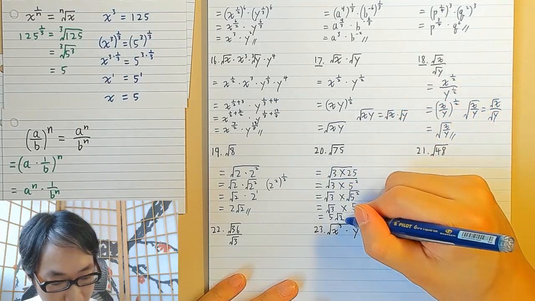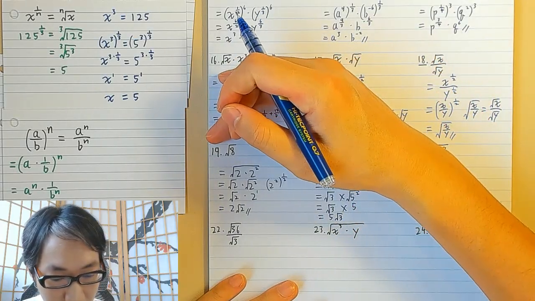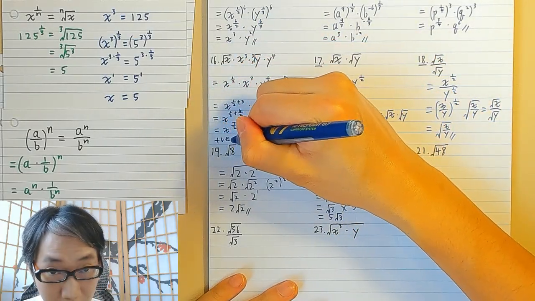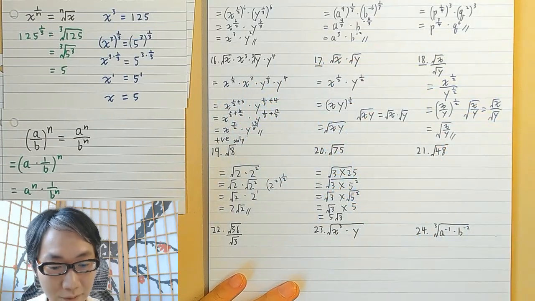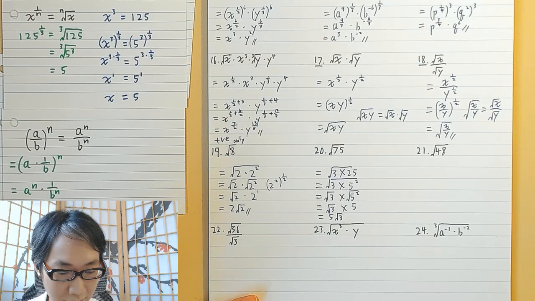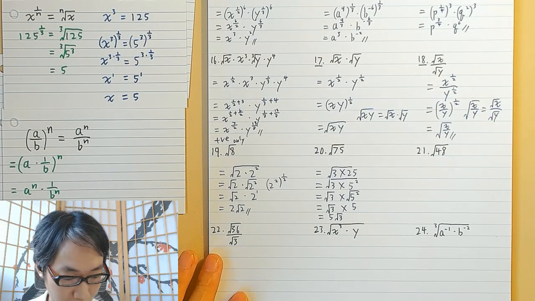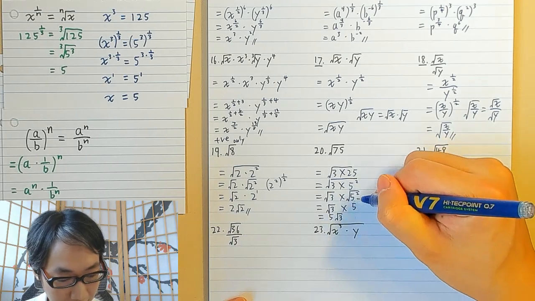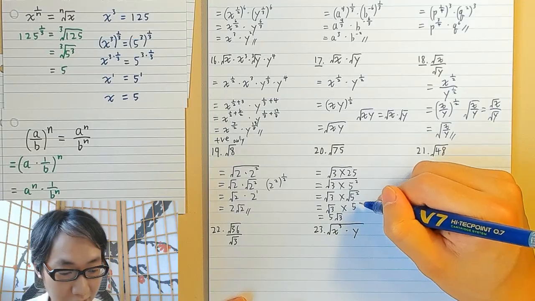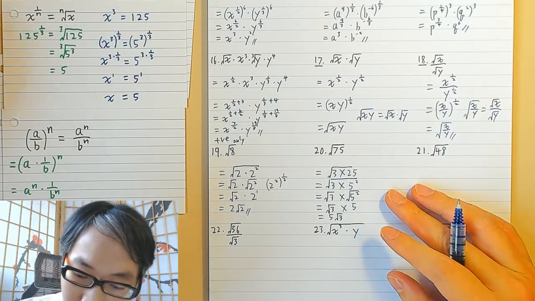Okay. Oh, and by the way, we are only dealing with positive numbers here from 19 to 22. So we don't have to worry that there will be a negative answer or something because we square root something.